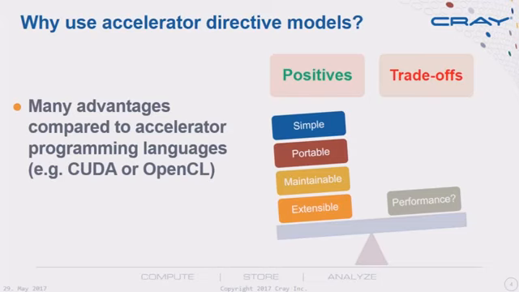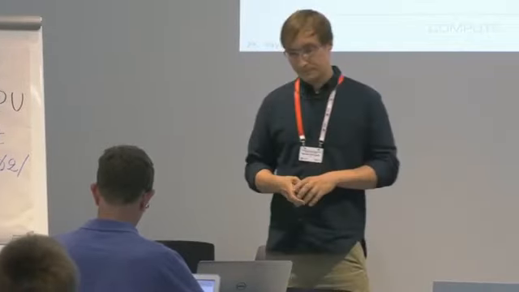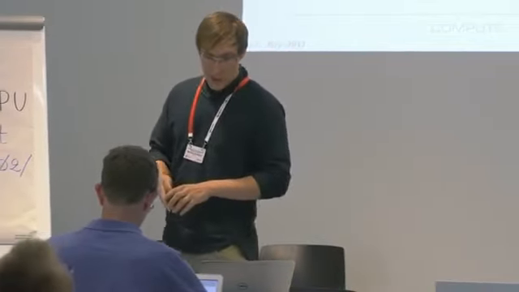Since they are easy to program, they are also easy to maintain, since compared to low-level models like CUDA and OpenCL you have fewer statements, so you can more easily adapt and tune them.